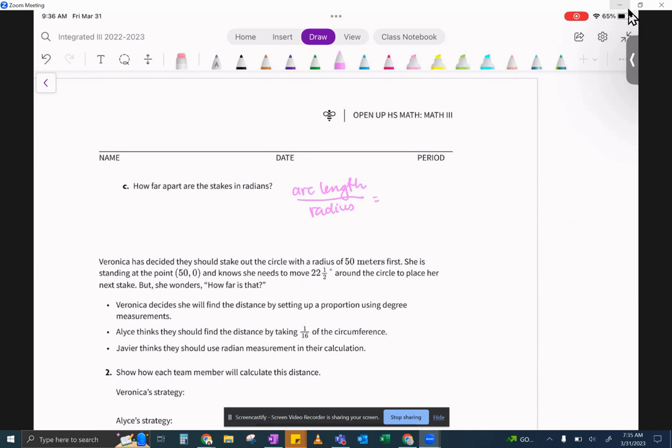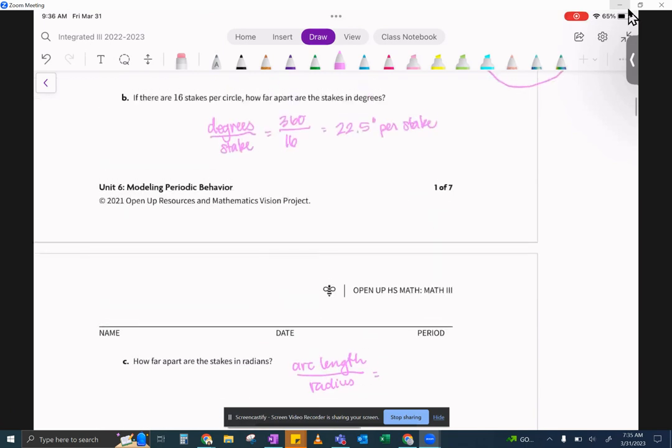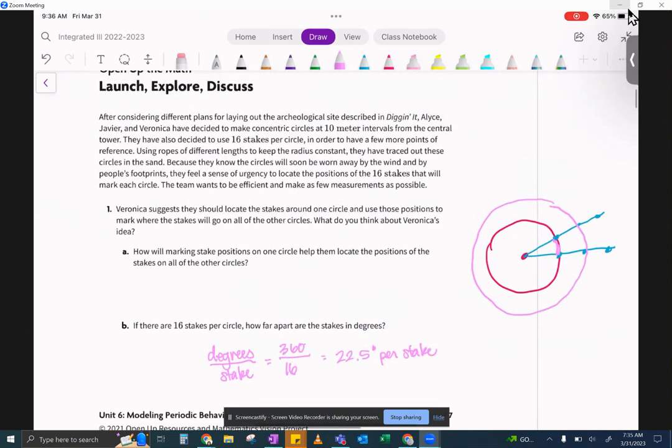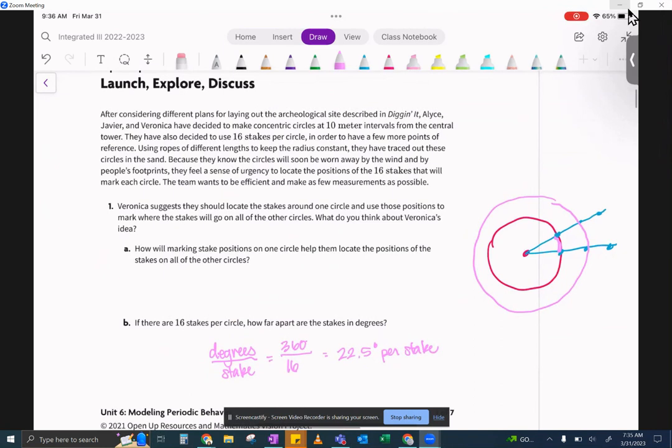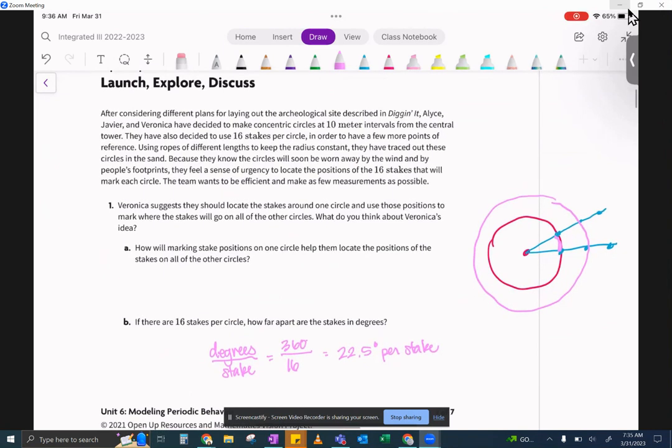What was the radius again, guys? I think our radius was 50, but I can't remember. Let's see. 10 meter intervals, 16.